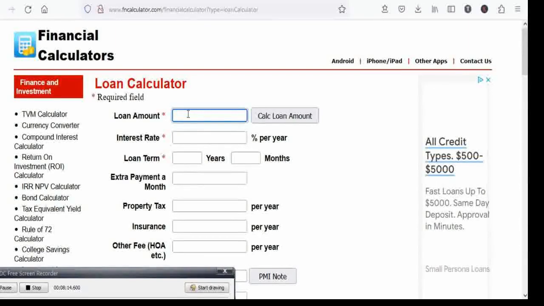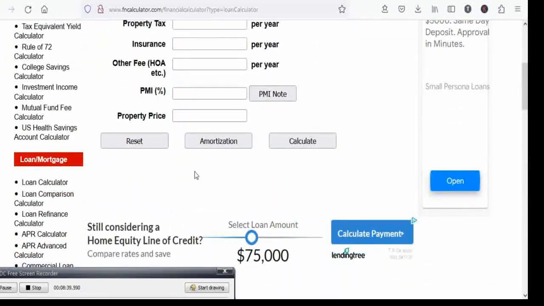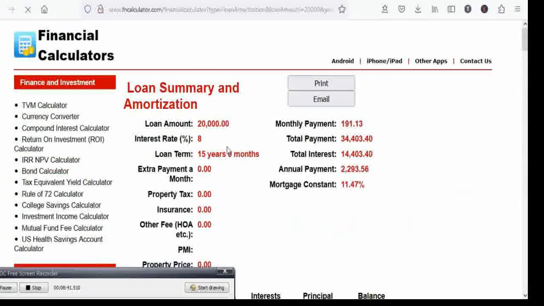Remember, it's $20,000, 8% interest, 15 years. Now we amortize it, because we want to get the amortization schedule on this particular cash flow.